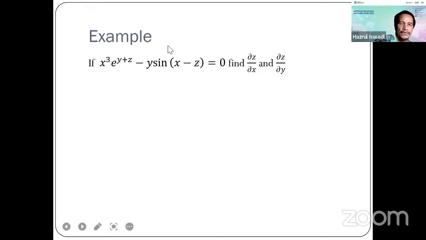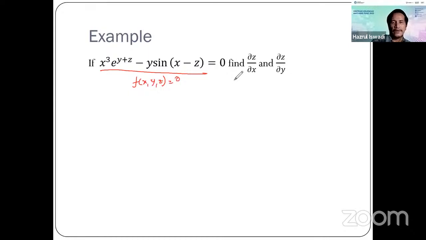In this case, there are three variables, so this is a function of three variables, x, y, and z, equal to 0, and z is a function of x and y, like here. So we can find ∂z/∂x.